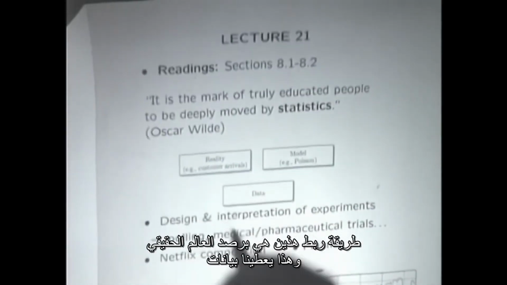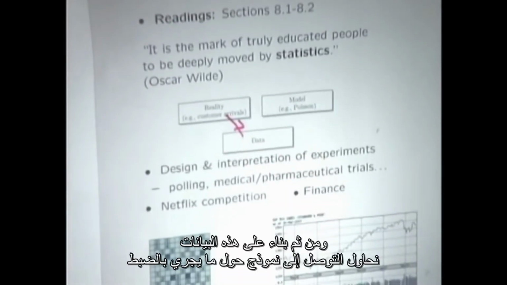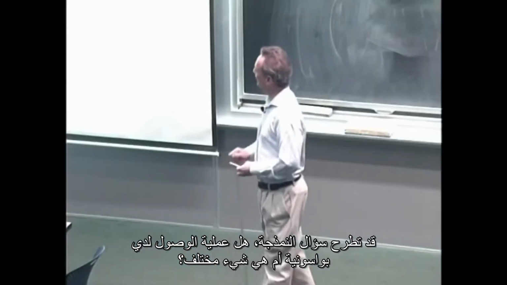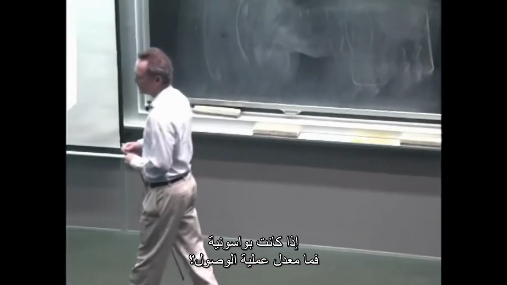The way these are tied is that we observe the real world, and this gives us data. And then based on these data, we try to come up with a model of what exactly is going on. For example, for an arrival process, you might ask the model in question, is my arrival process Poisson or is it something different? If it is Poisson, what is the rate of the arrival process?